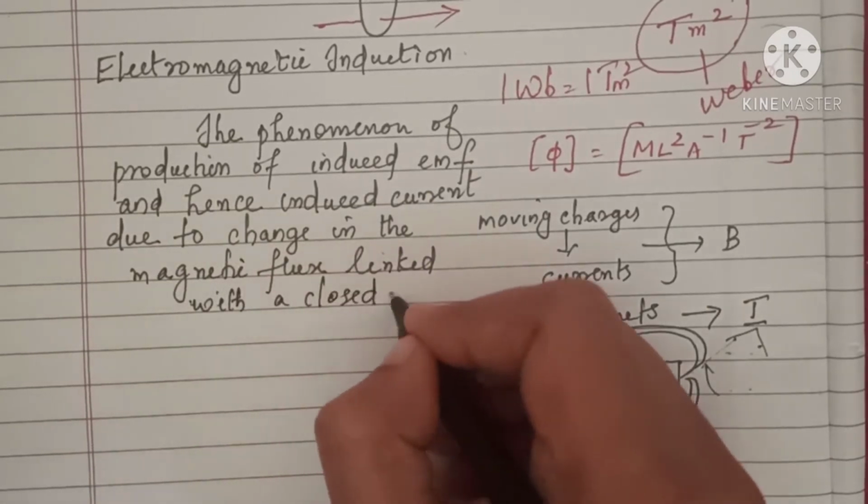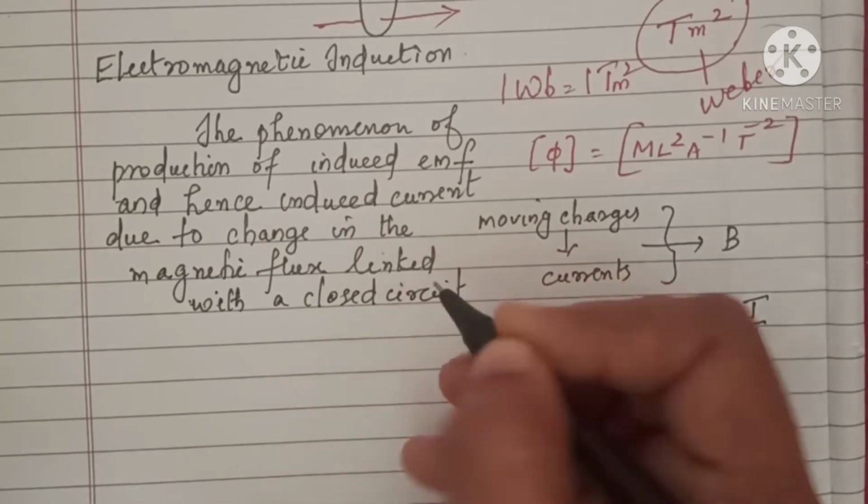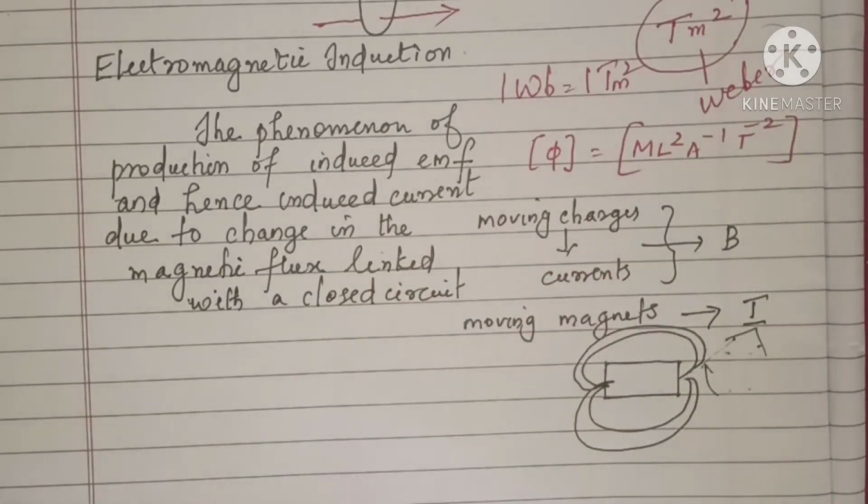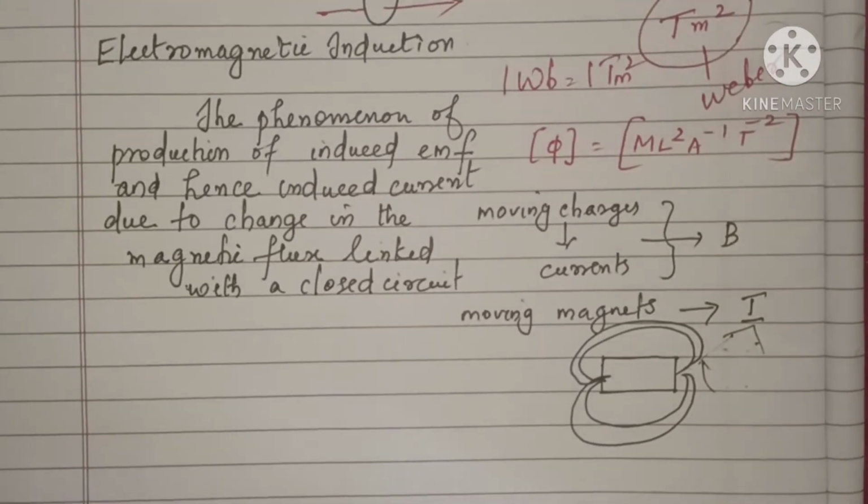Clear? So this is the definition for electromagnetic induction. That is the phenomenon of production of induced EMF and hence induced current due to the change in magnetic flux linked with a closed circuit.